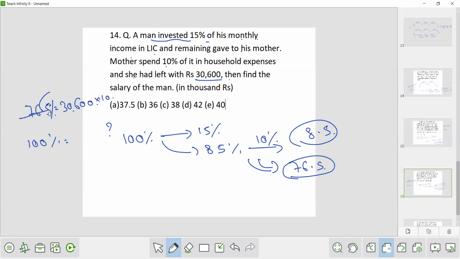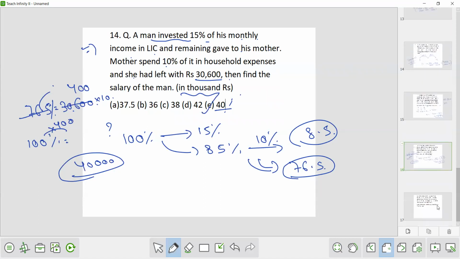Now 765 times 4 is 3,060. Now 10 from here and 10 from here. This is 400 times, so you will multiply 400 here also. So it will become 40,000. So your option E is the correct answer because it is already given 40,000.